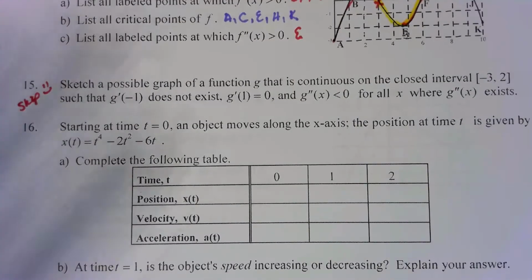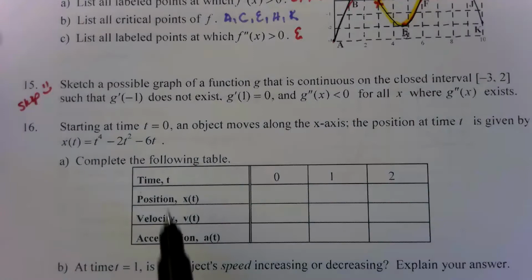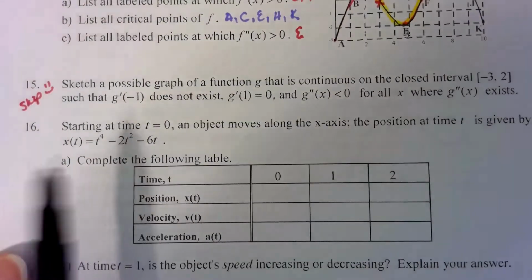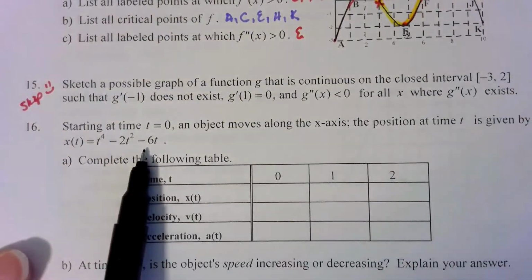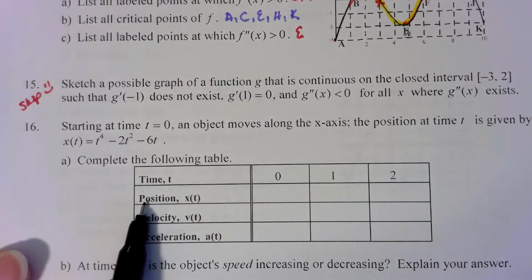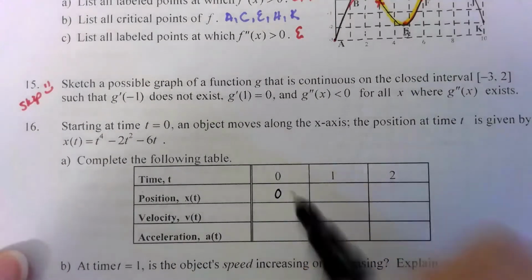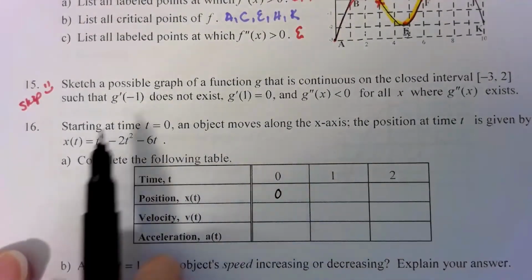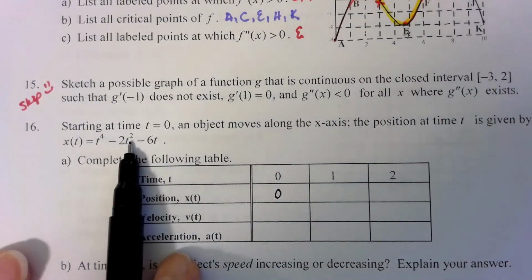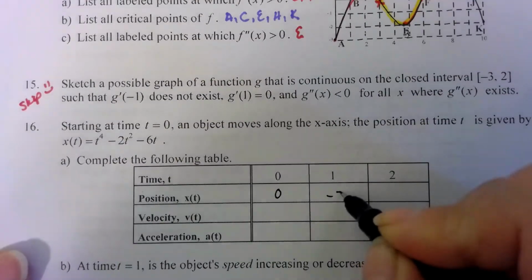Now this one is going to take some work, though not for the first row. First row is easy, right? We have a position function, we have velocity, we have acceleration. And this function right here happens to be position. So if I want to evaluate position when x is 0, I just plug a 0 in and I get 0. And if I want to evaluate at 1, I plug a 1 in and I get 1 minus 2 is negative 1, minus 6 is negative 7.